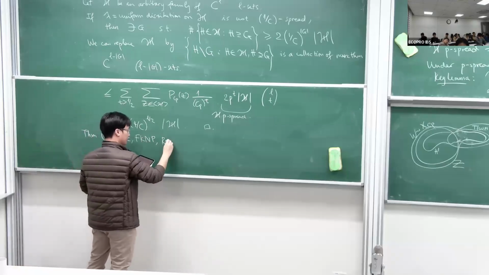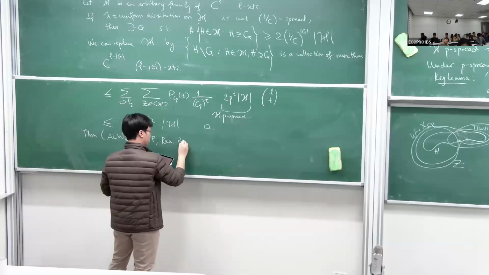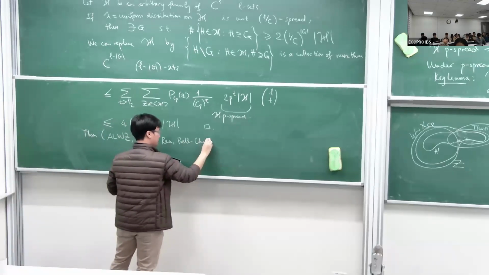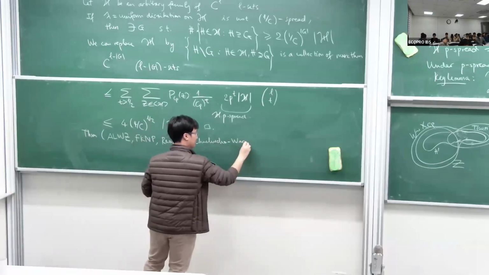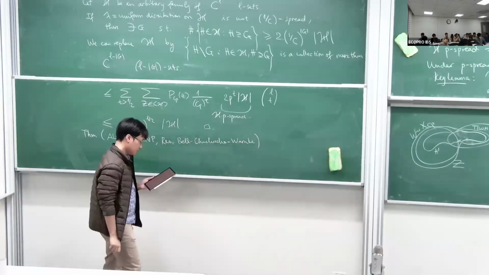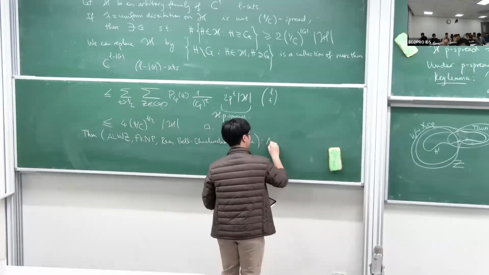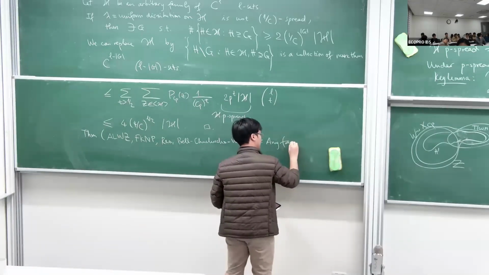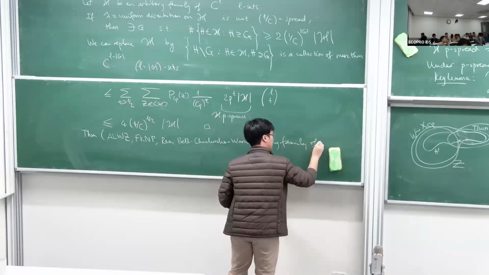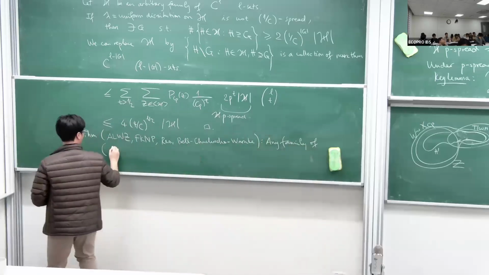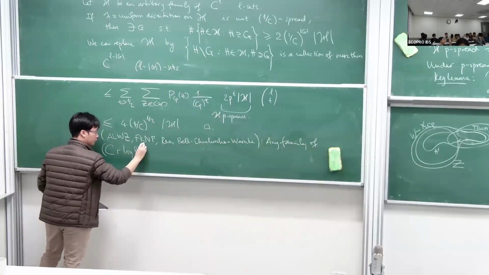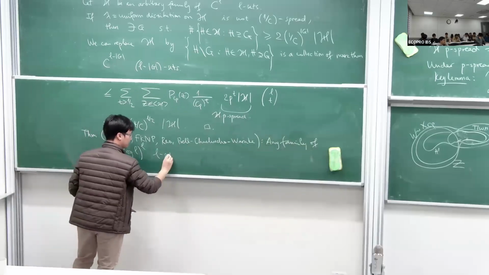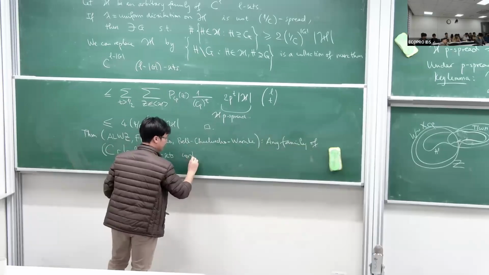There's also work of Rao, and then Bell, Suda, and Tiba. So what we do know now is that any family of some absolute constant times R times log L to the L sets would have to contain a sunflower.